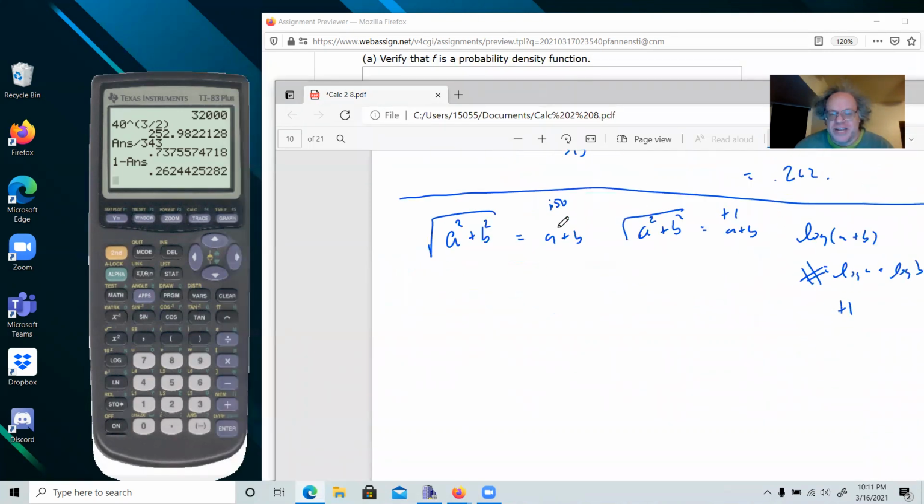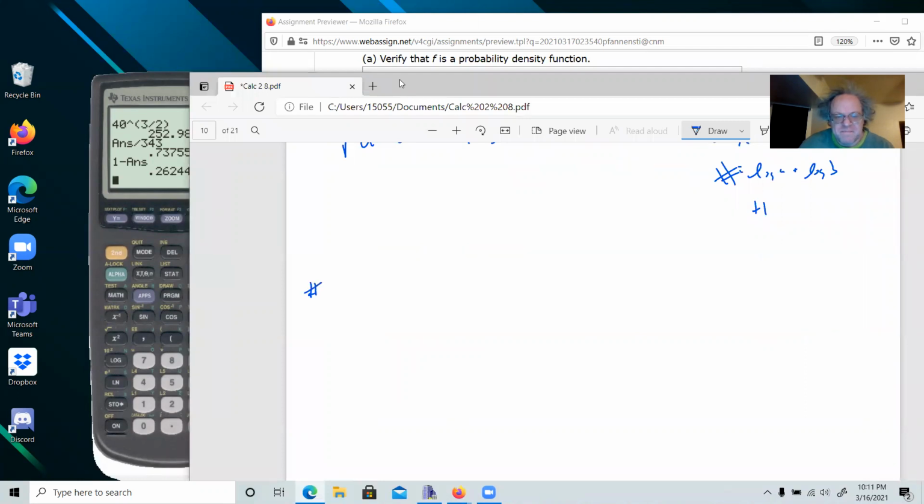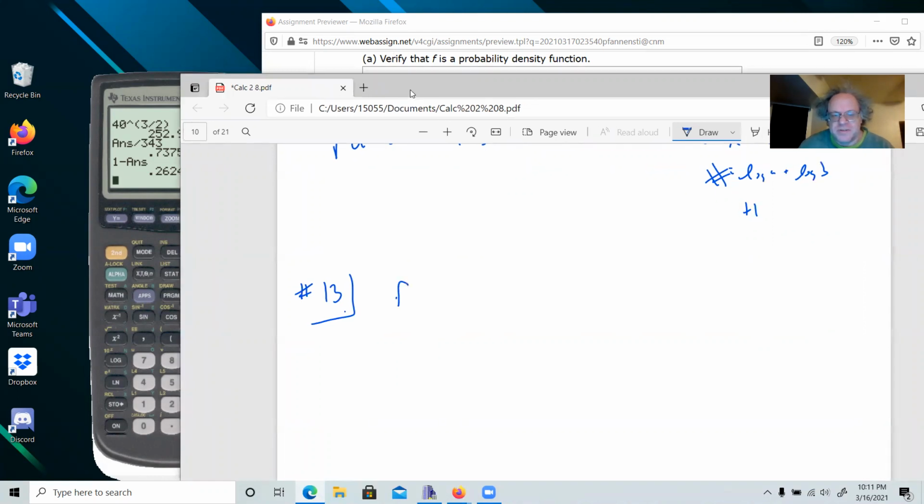Next one, number 13, my favorite problem. Okay. So in this case we have f of x is equal to kx squared times 2 minus x for x from 0 to 2, and 0 otherwise.